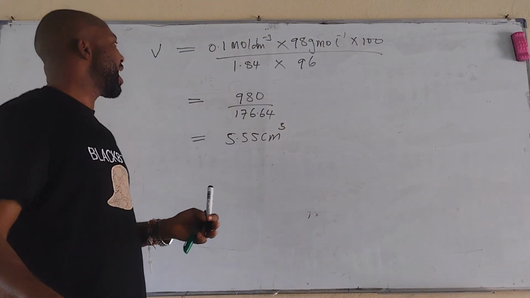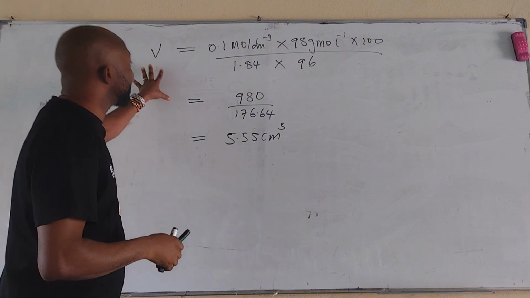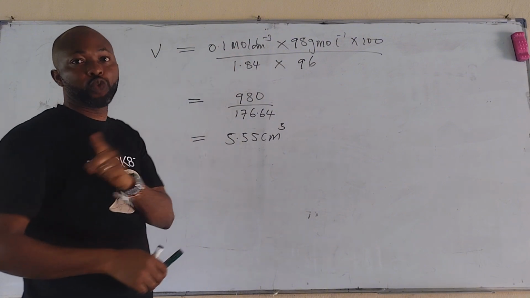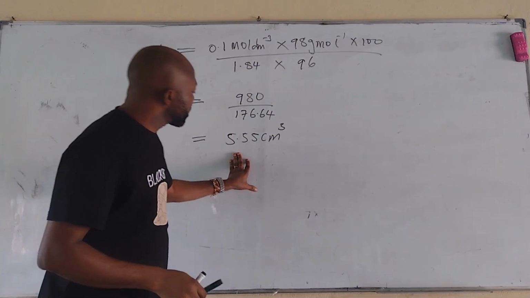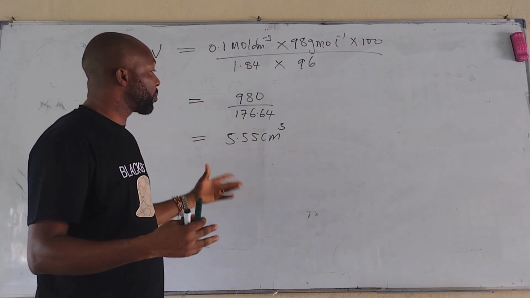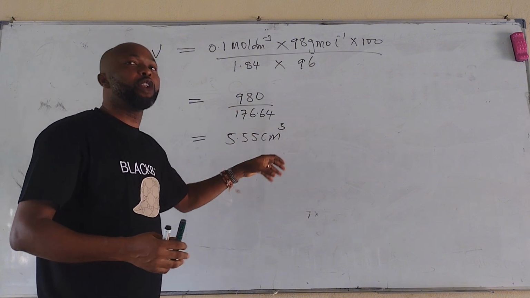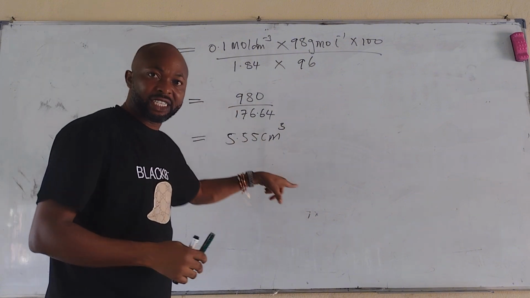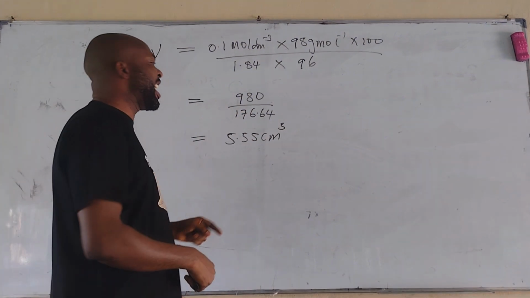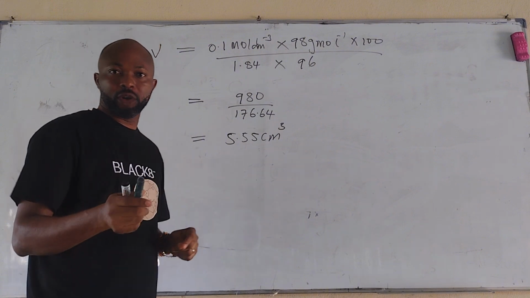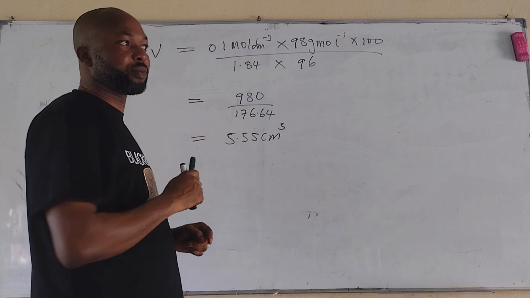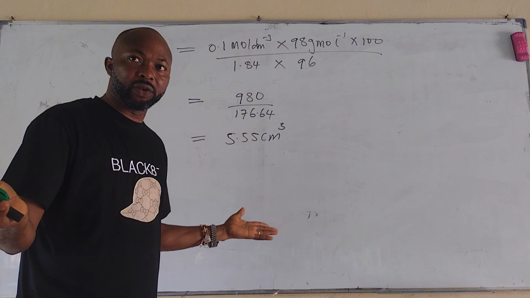What we have here is the volume concentration for 0.1 mole per dm³ of H2SO4. The 5.6, or 5.55 approximately, is the volume of the concentrated acid which we are going to measure out and dissolve in 1 dm³ of water. 1 dm³ is 1000 cm³, that is 1000 ml.